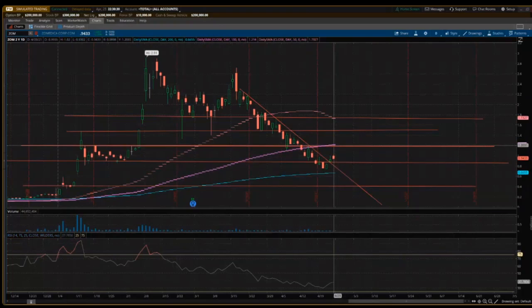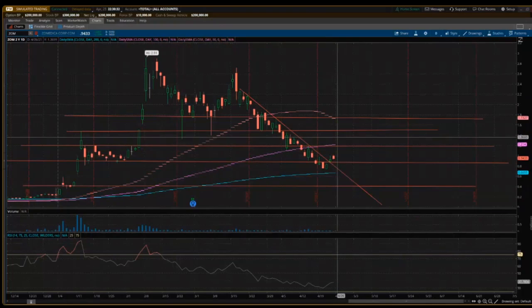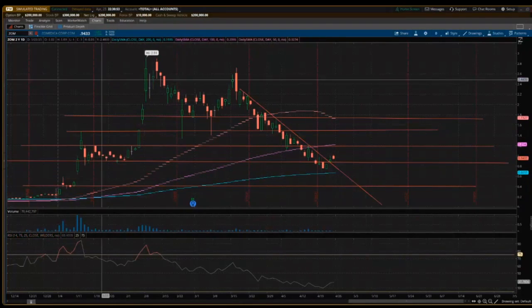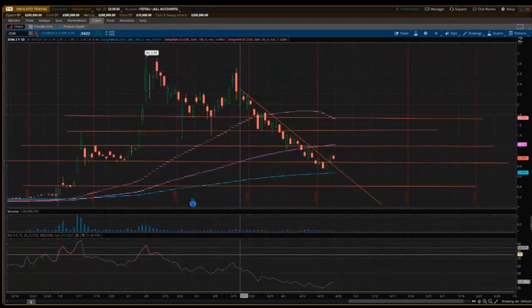If it breaks above 121, then it's probably headed to this 135 to 148 range. But with these super speculative names, if this is not a stock that you really believe in long term, then I would suggest putting stop losses. So that's a little insight on ZOM for you.